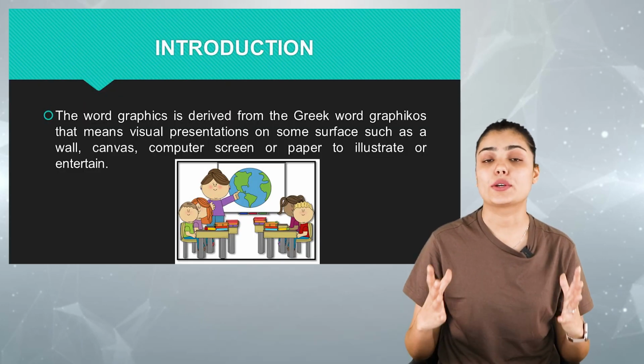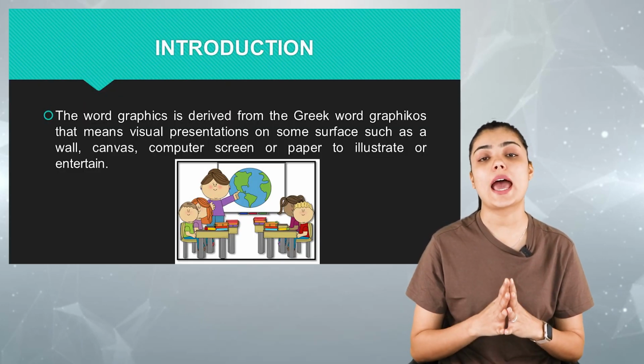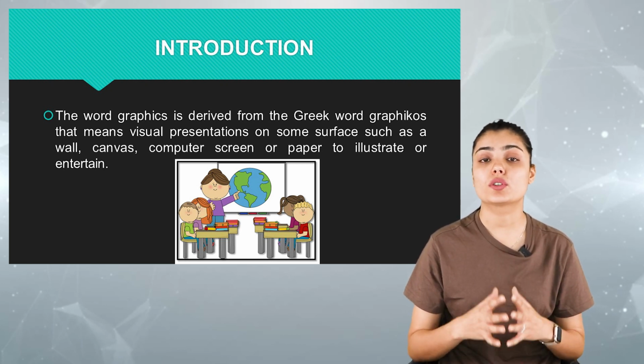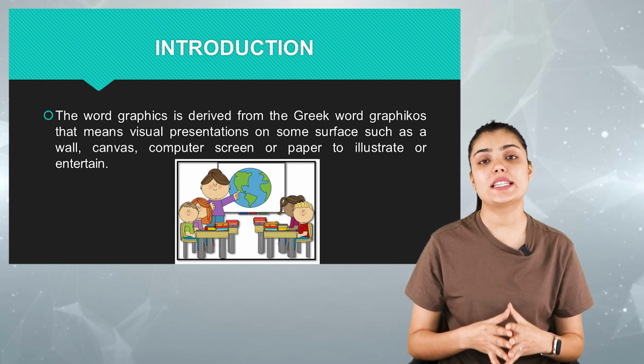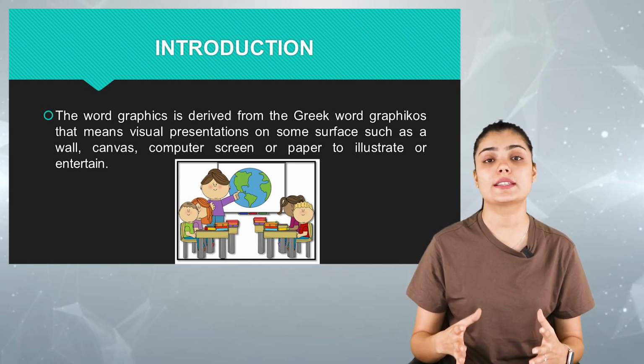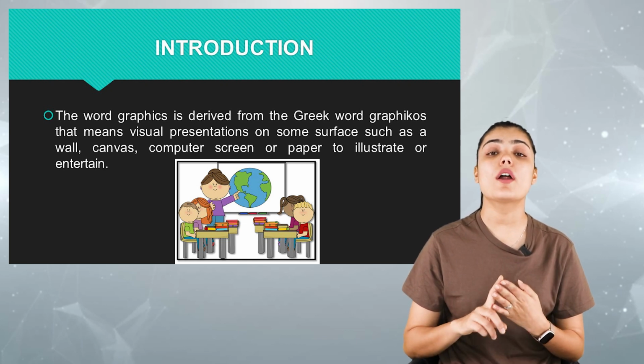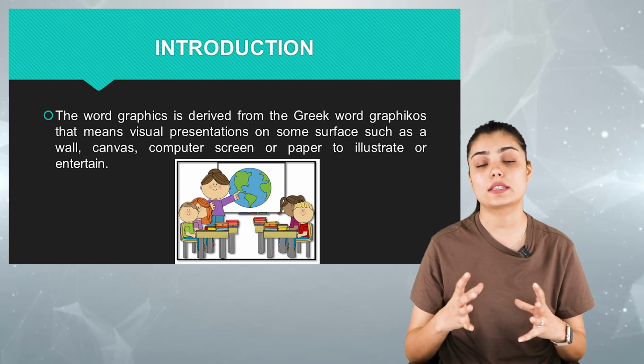Now, what is a graphic aid? Or what are graphics? The word graphic has been derived from a Greek word graphikos, which means visual representations on some surface that could be a wall, canvas, computer screen, or a paper to illustrate something.